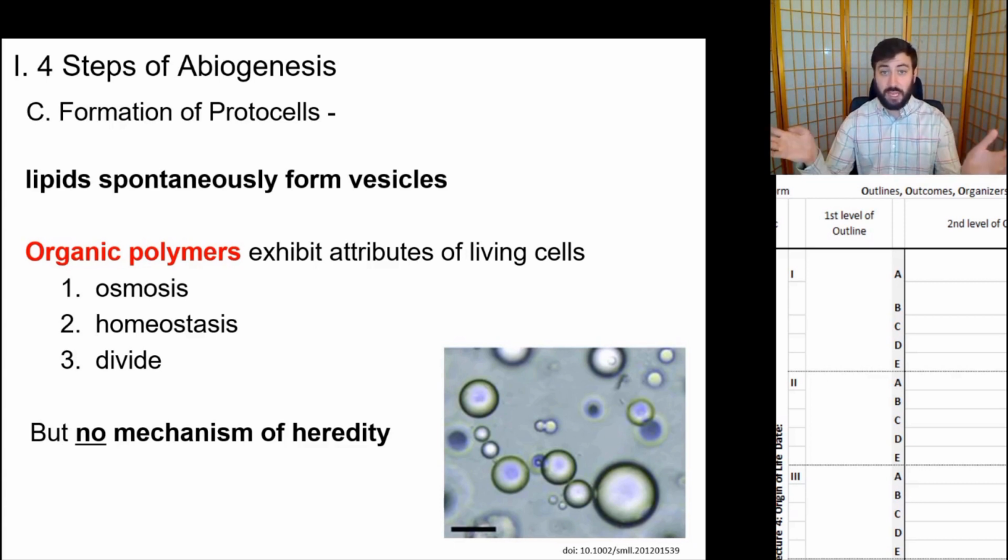They can even divide, right? So they can even replicate. But, and this is a huge but, they do not have any kind of heredity, right? They cannot pass on their traits to their offspring. And that's a really critical differentiation between a protocell and a living organism.